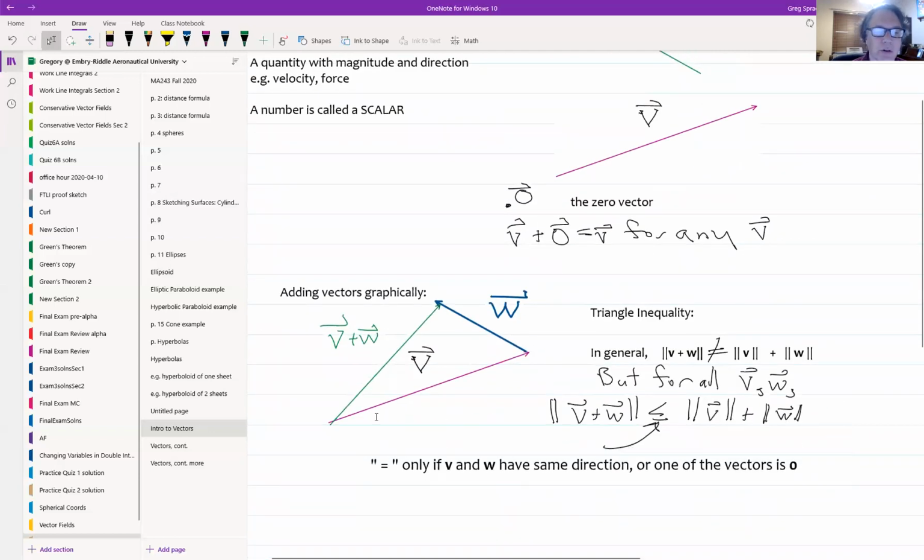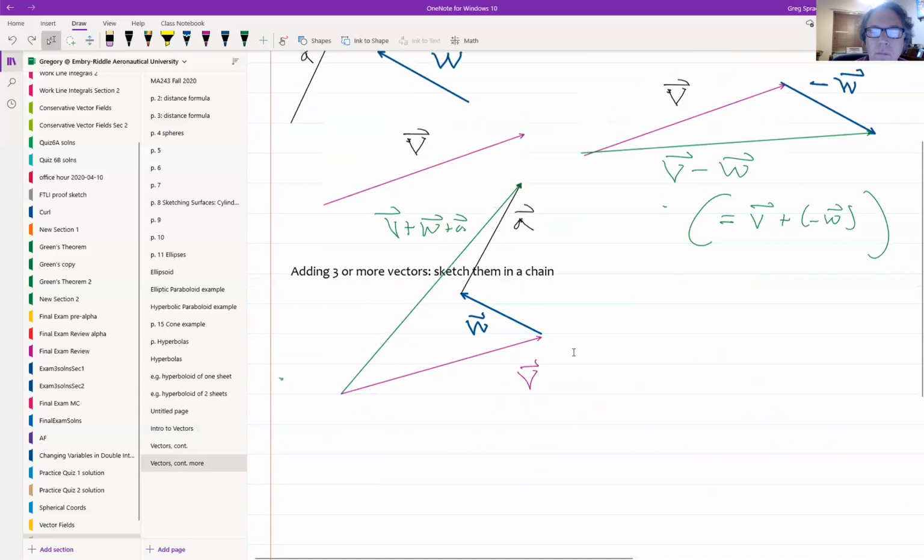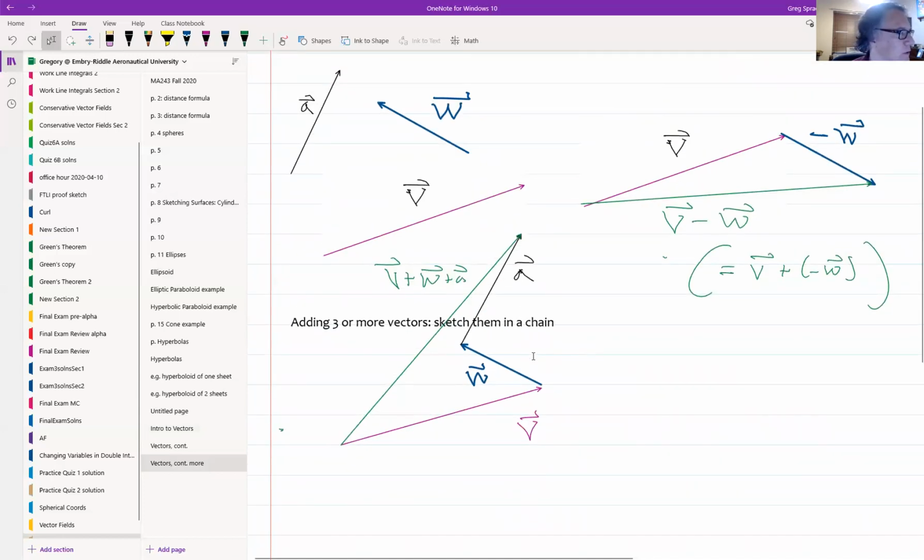Okay, so that's a triangle inequality. So what else can we do with vectors purely geometrically?